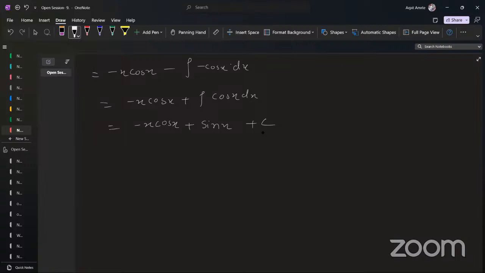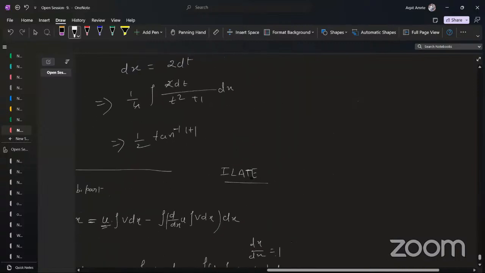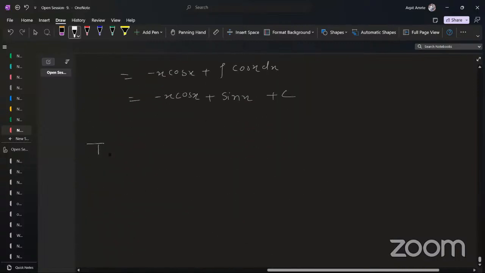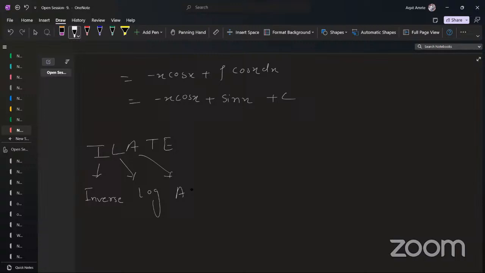Now my question is which function I have to choose as the first function and which as the second function. We will go by ILATE. I means inverse. L is logarithmic. A is algebraic. T is trigonometric.